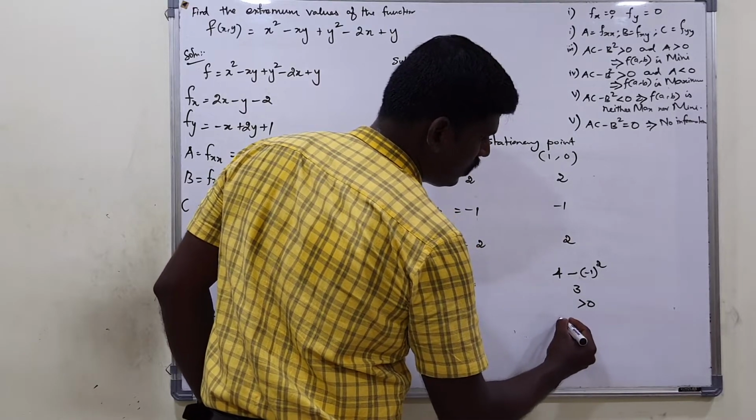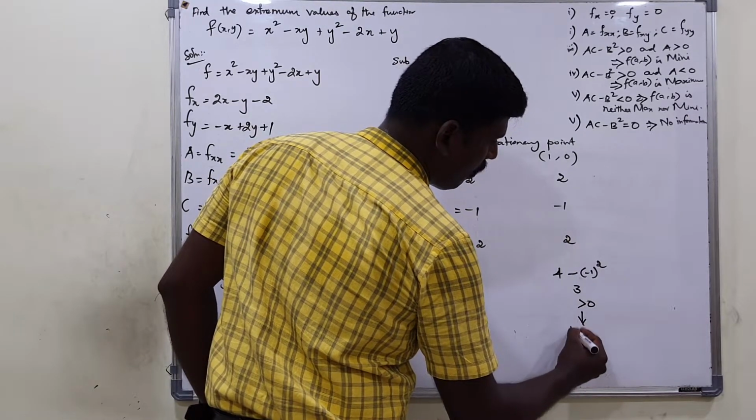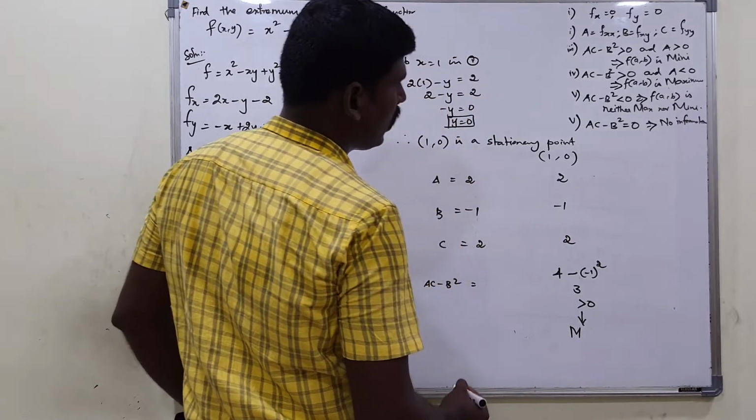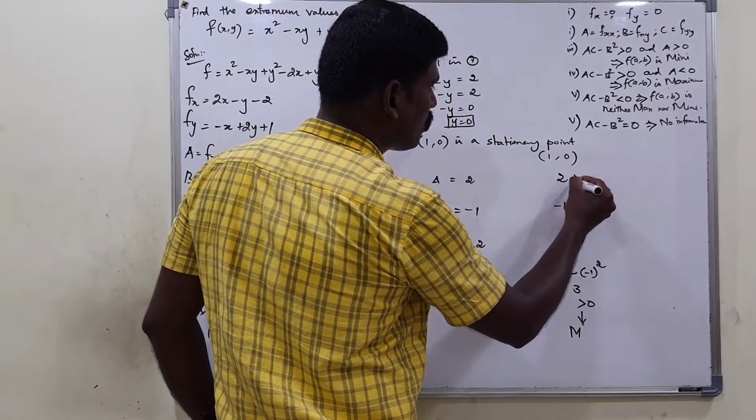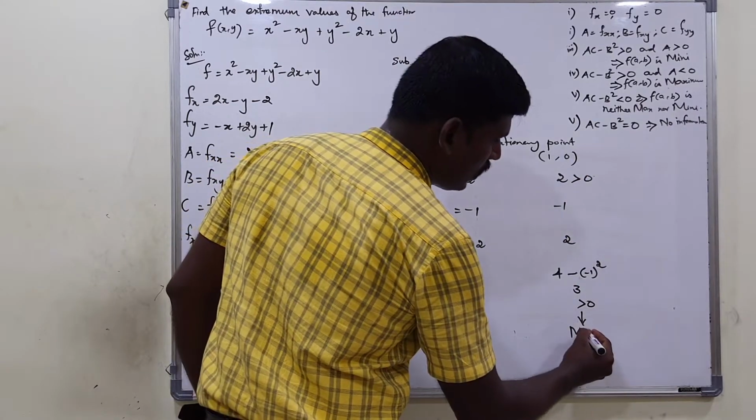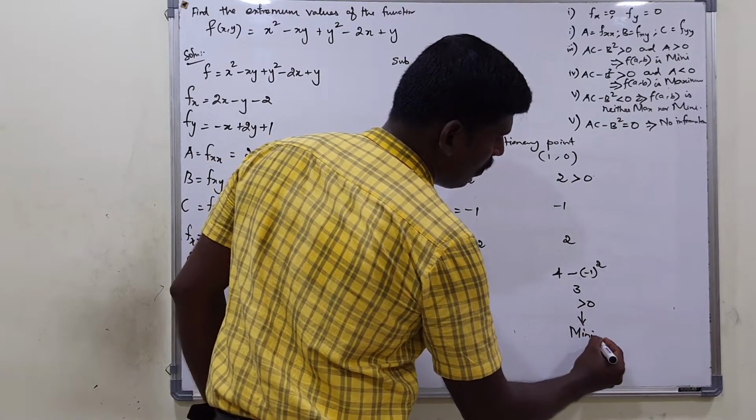So greater than 0 means what? Minimum point. So ac minus b square is greater than 0 and also a is positive. So it is a minimum point.